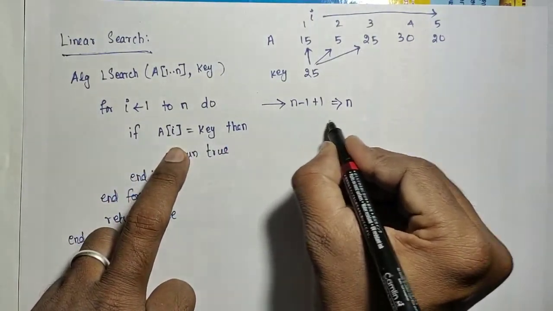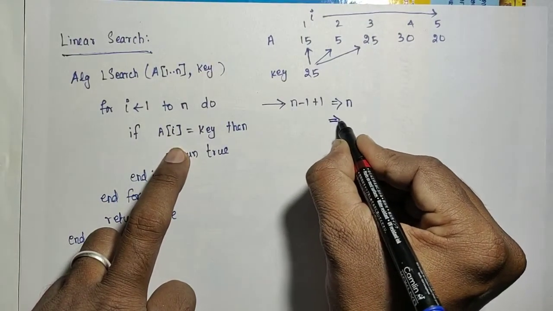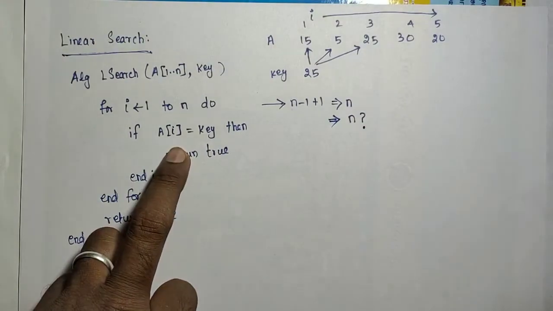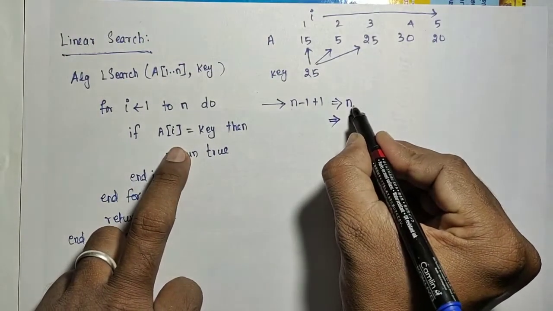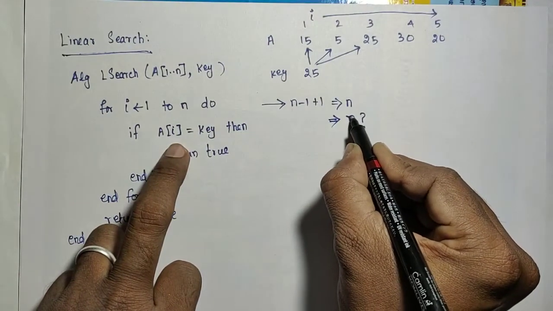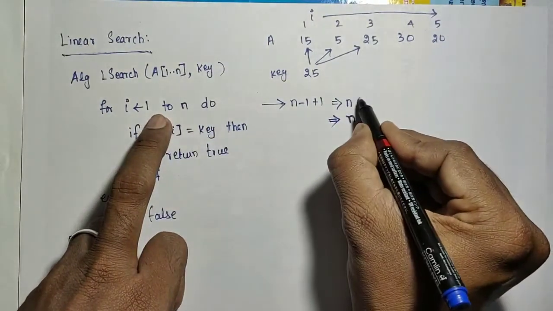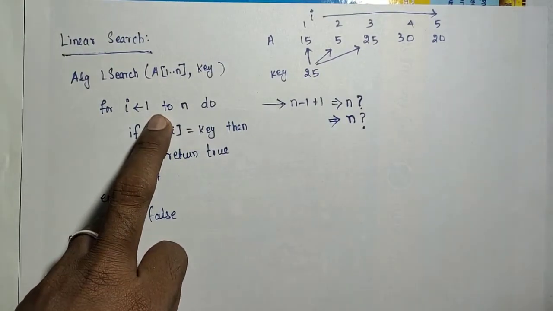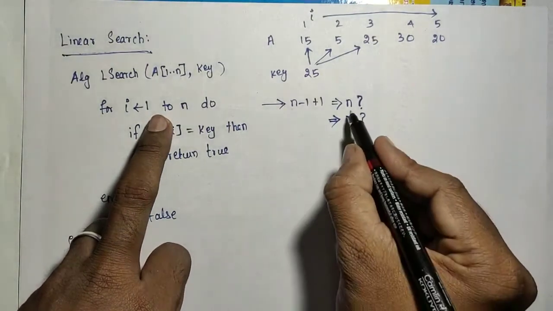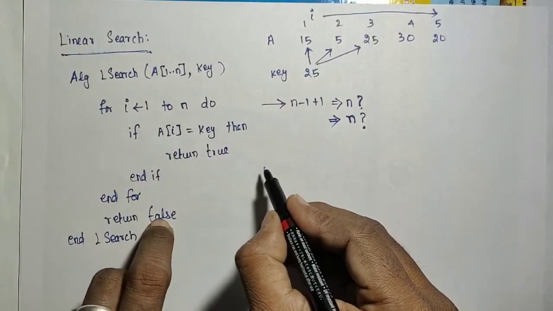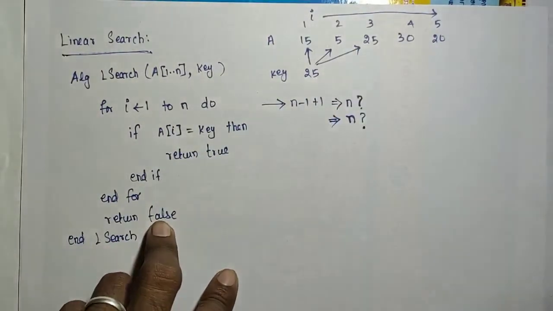How many times is this operation going to be executed? n times? It's a question mark. The loop is going to be executed for n times, but how many times the operation is executed depends on the input.